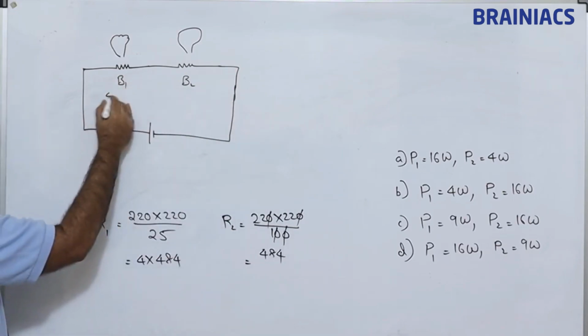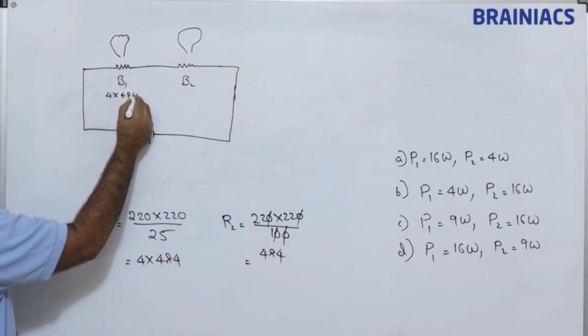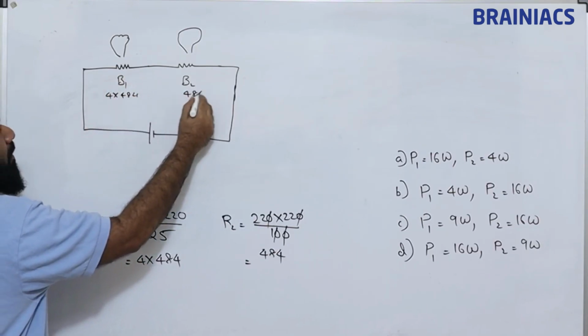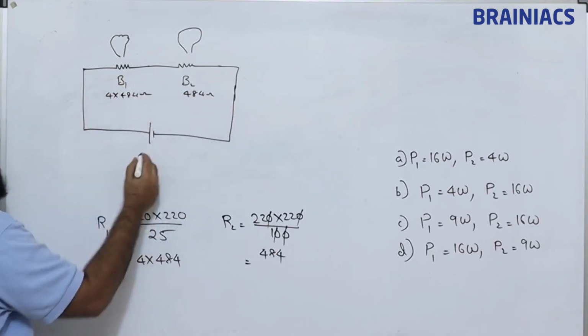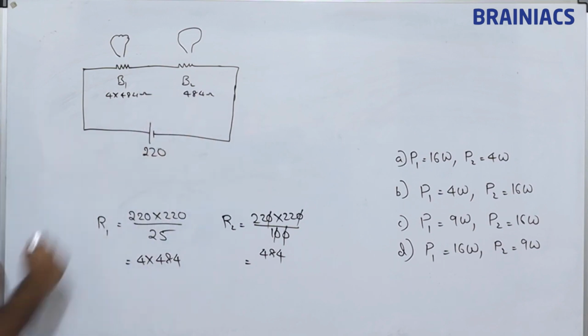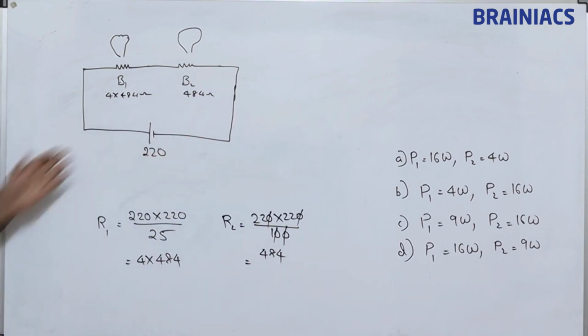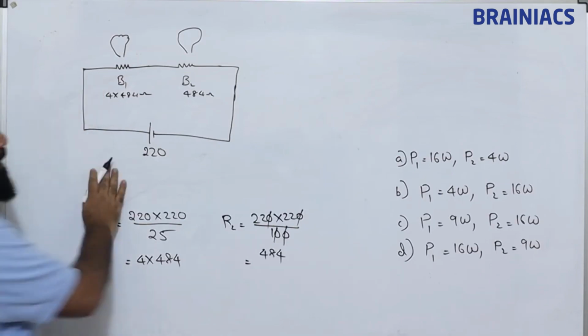B1 has resistance 4 into 484 and B2 has resistance 484 ohm. Let the source be 220 volt. Now how much will be the power dissipated in B1 and B2? This is what they are asking.